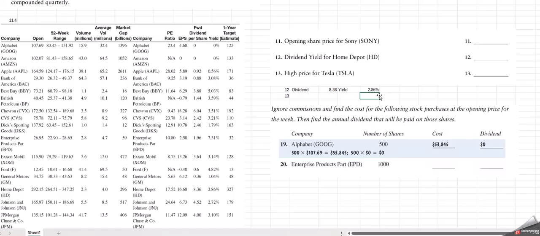And you should be able to compute that. Sometimes though with these dividends, the dividends in the table are quarterly, even though it doesn't tell us that. Let me just double check. Our price is $292.15.